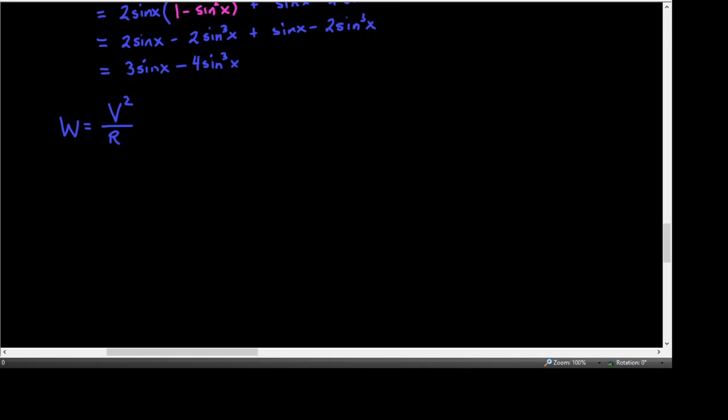Okay, V is the voltage, R is a constant that measures the resistance of the toaster in ohms, W is the wattage. Okay, so graph the wattage W consumed by a typical toaster when R is 15 and V is equal to 163.